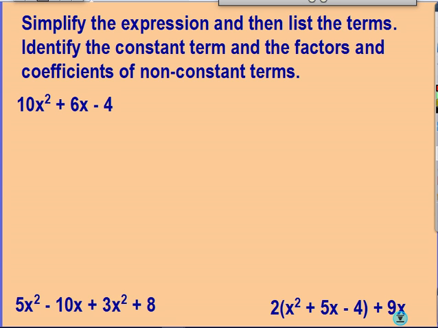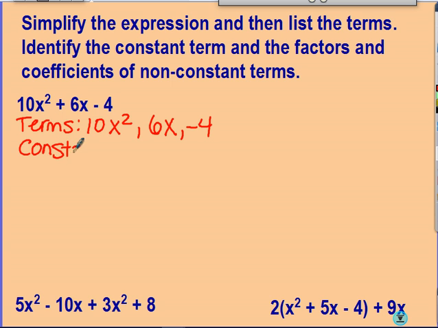There are also no like terms, so this expression cannot be further simplified. The terms of this expression are the following: 10x squared, 6x, and negative 4. The constant term is negative 4. The non-constant terms are 10x squared and 6x.